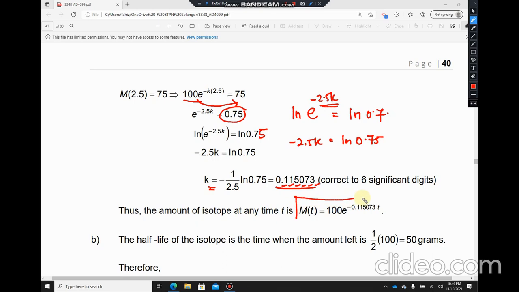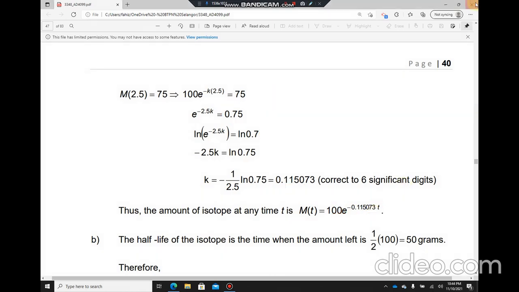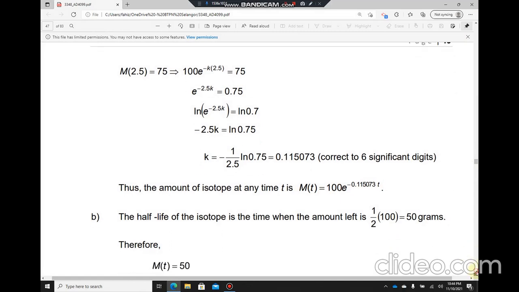So you get this expression. Sebab dia tak suruh cari T ataupun M, dia just nak expression. So expression maksudnya awak kena cari nilai C and K. So you get this mathematical expression. Okay, next question.